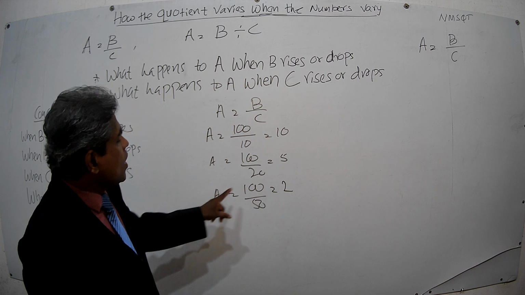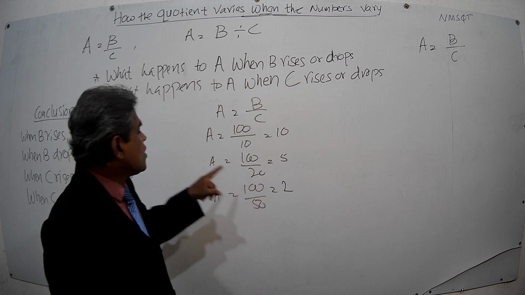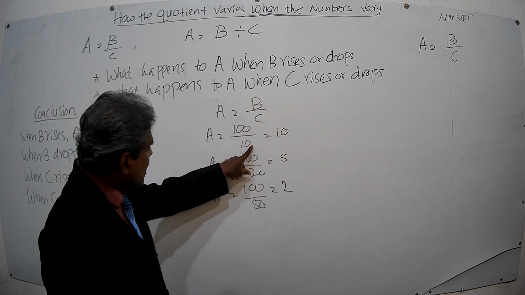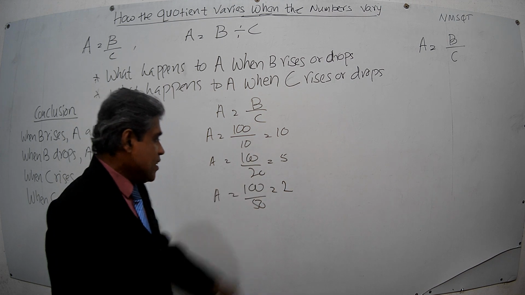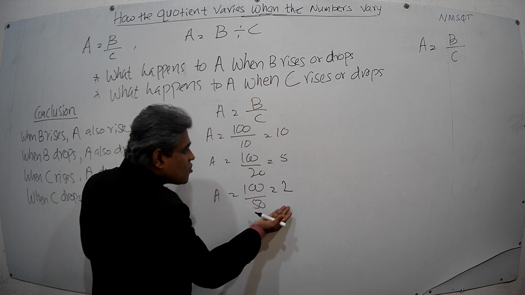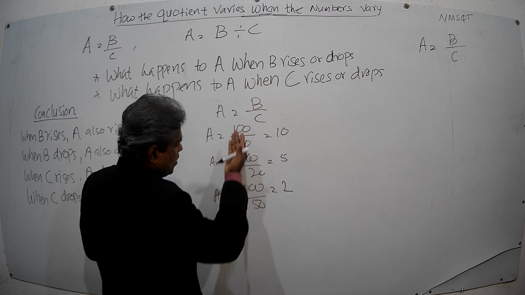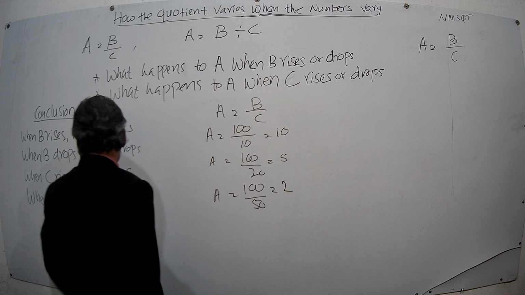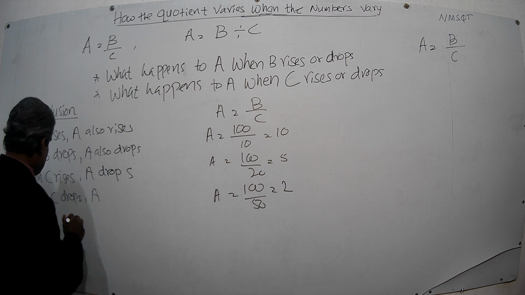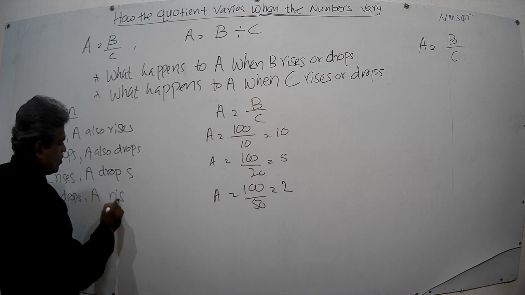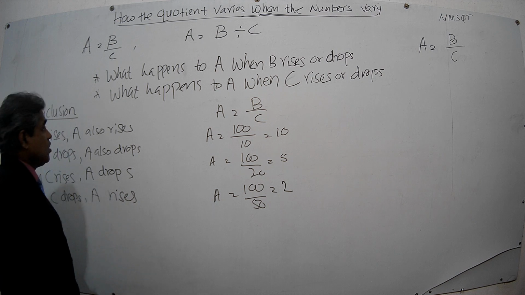When C is 20, the quotient A is 5. When C is 10, the quotient A is 10. That means when C decreases, what has happened to A? A has increased. So the conclusion is when C drops, A rises. So these are the relationships.